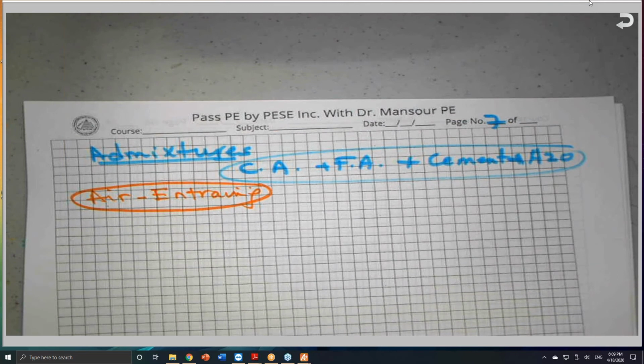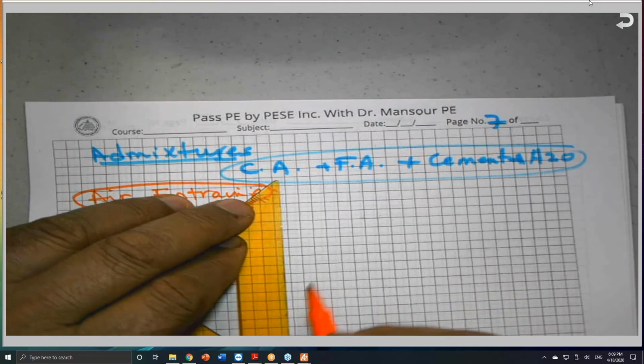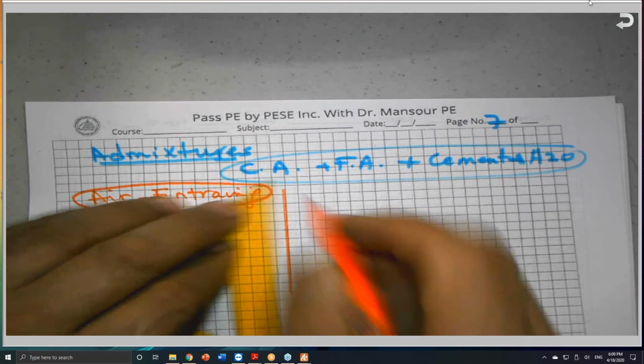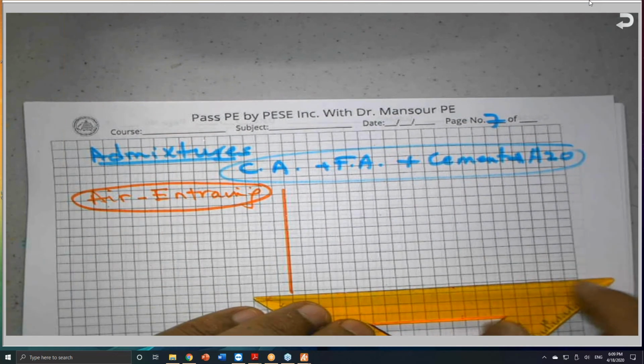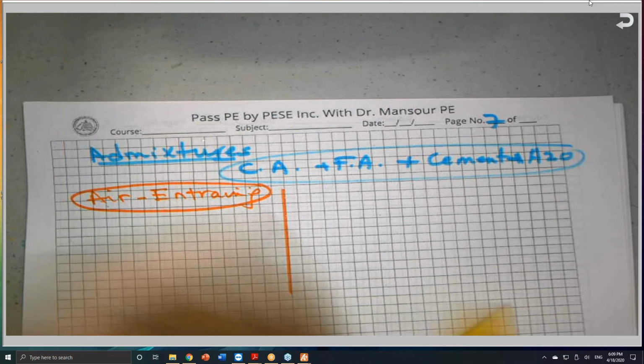Air entraining admixtures. If you remember the curve, let me remind you of the curve and try to remember this relationship very well.